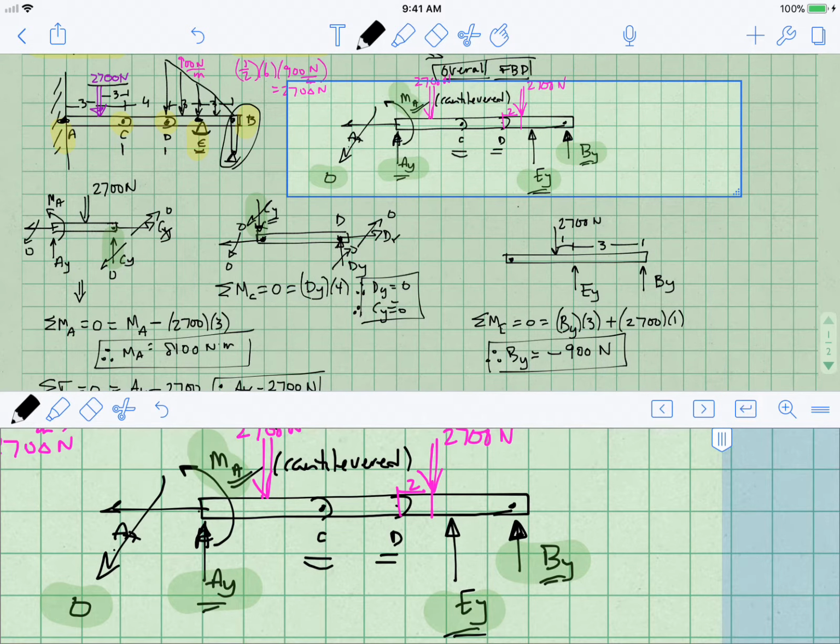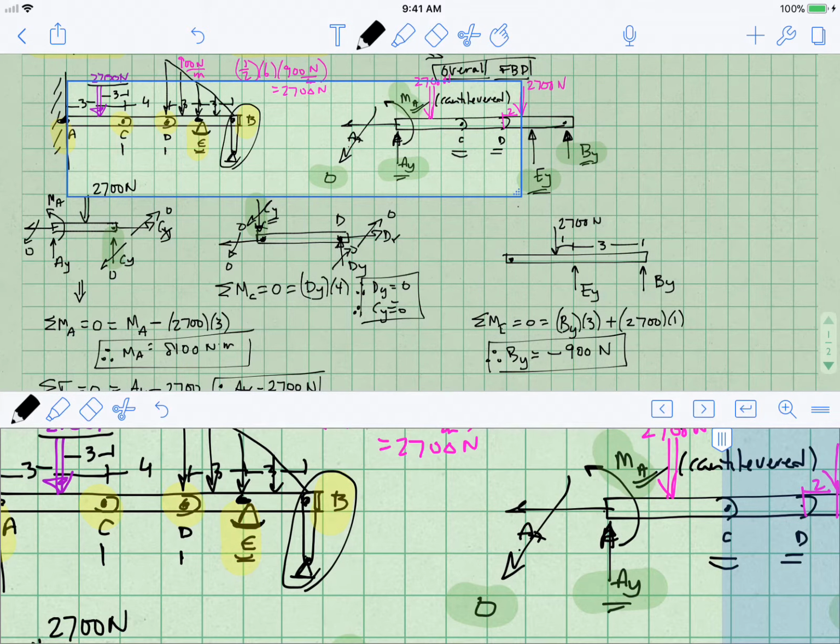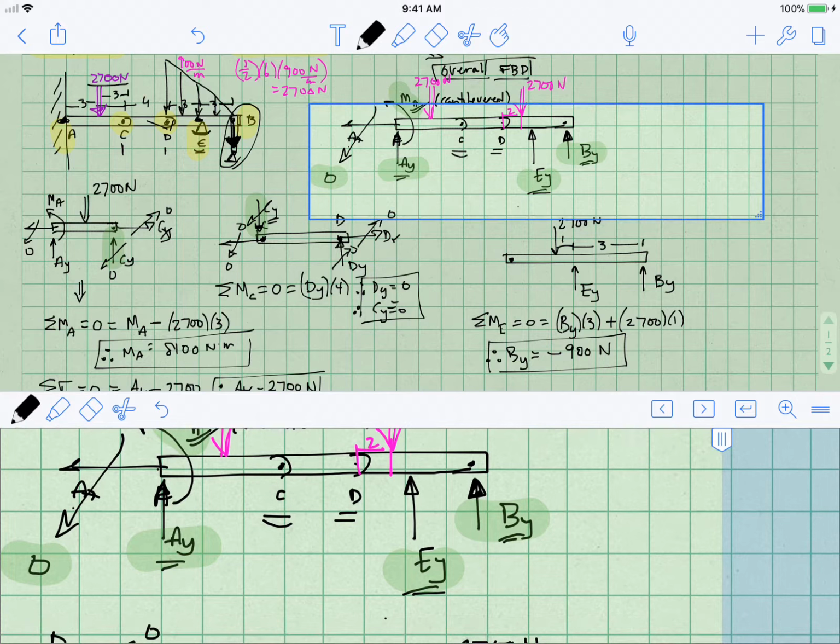So what does that mean? That means that this strange contraption over here is actually holding the end of that beam down. If it wasn't doing that, it would fly up in the air, and it would bend down here at D. By turned out to be negative 900. It is pulling down.